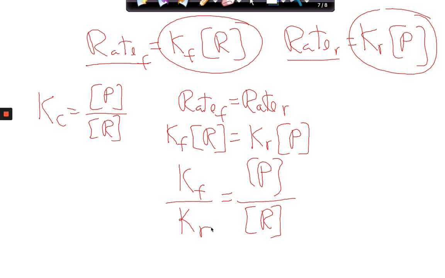The product divided by reactant ratio, which is the NO2 squared, which we'll talk about in a minute, divided by the N2O4, is equal to the K ratios of the forward and reverse reactions, which is equal to a constant, and you now understand that that constant is termed Kc.